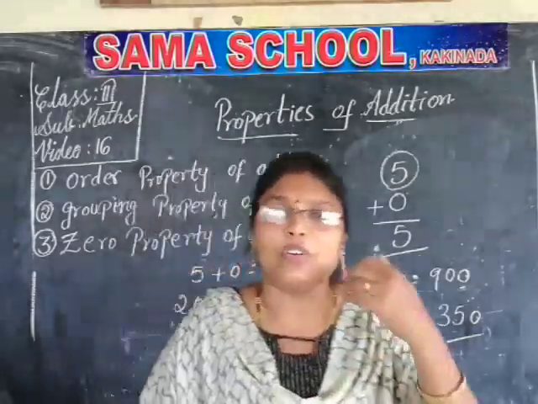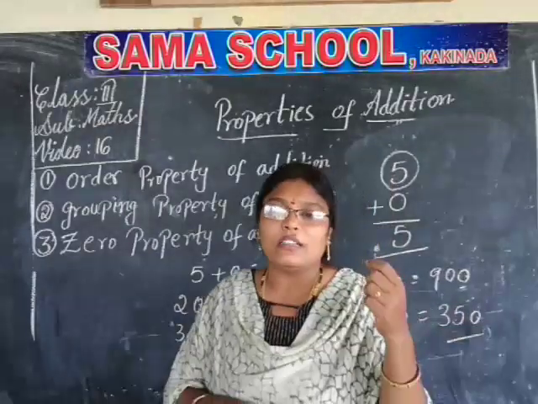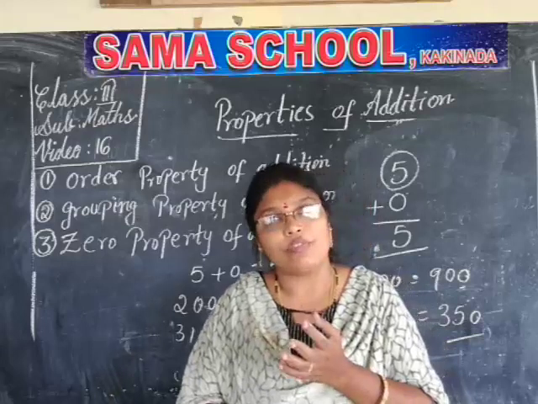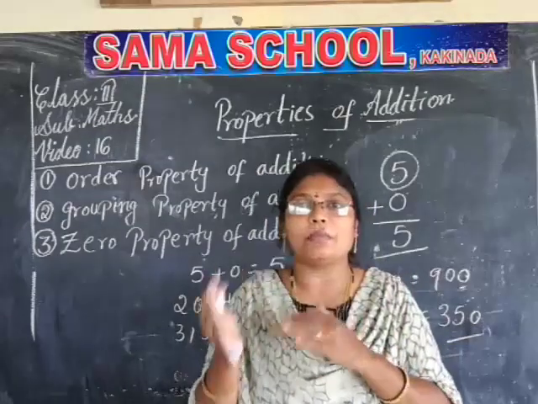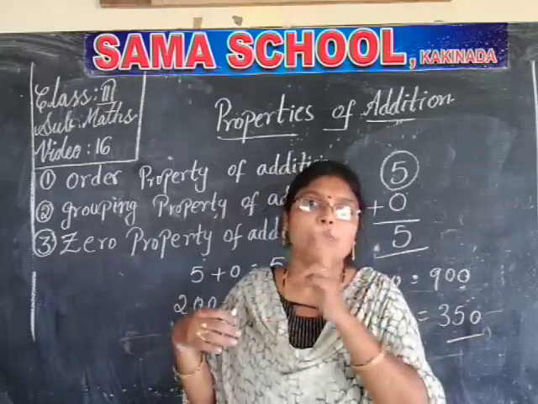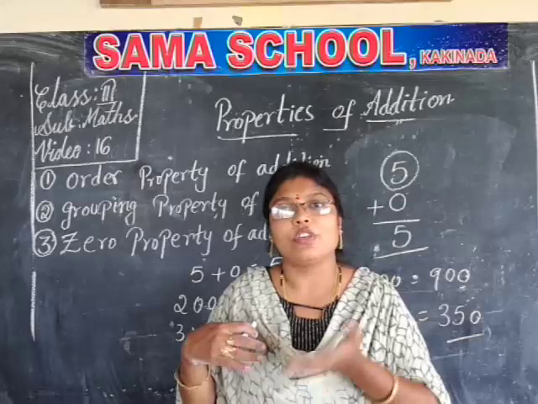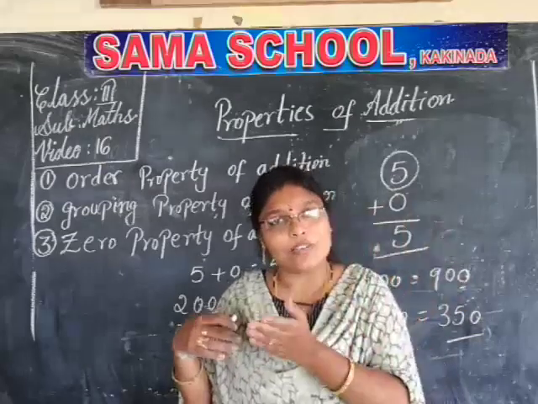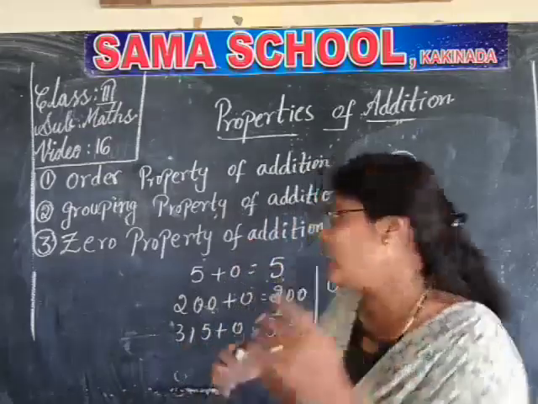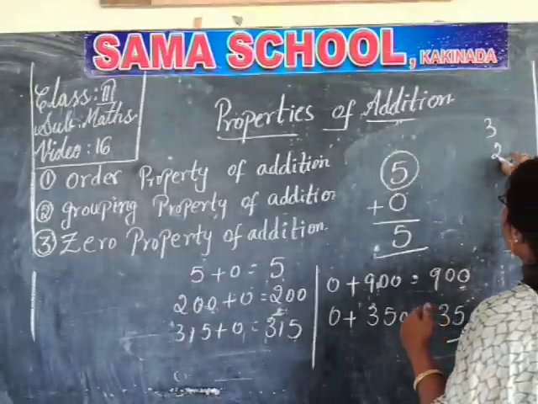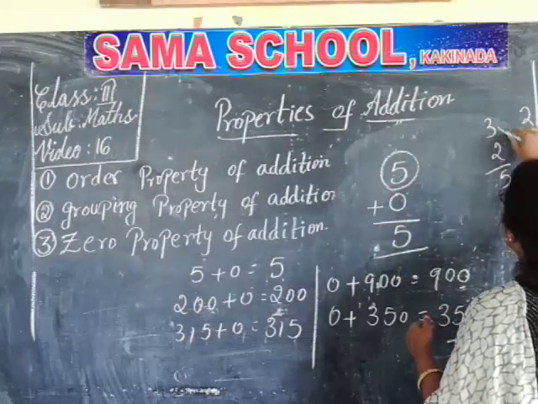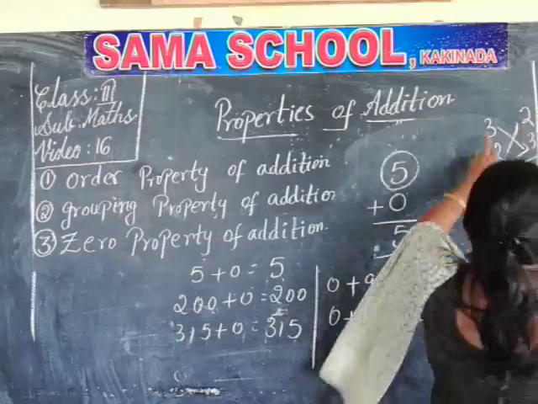For example, if you take any two numbers, that is 3 plus 2. 3 plus 2 is 5. And if you change the numbers, first it will become 2 and the next number is 3. That is 2 plus 3 gives me 5. So 3 plus 2 is equal to 2 plus 3. What did we change here?